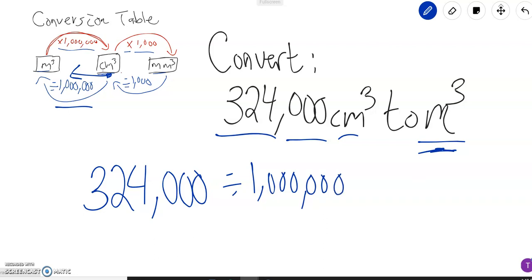Now before we were moving the decimal point to the right when we multiply, but when we divide, we're going to do the opposite. So we're going to move it to the left by how many zeros there are. There are 1, 2, 3, 4, 5, 6 zeros. So we're going to take this decimal point and move it to the left 1, 2, 3, 4, 5, 6 places.